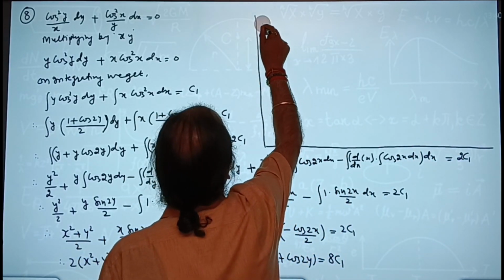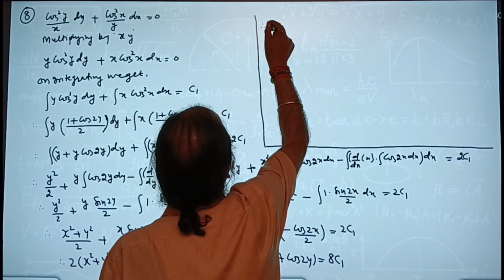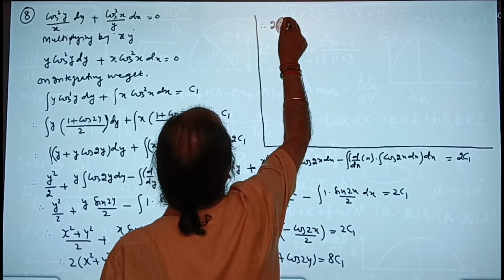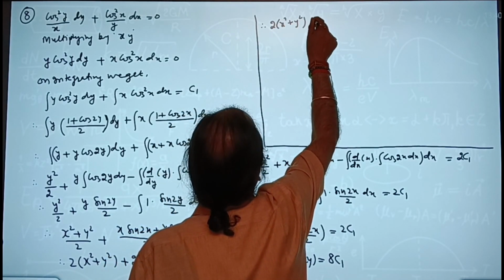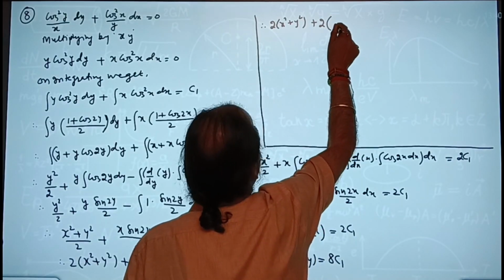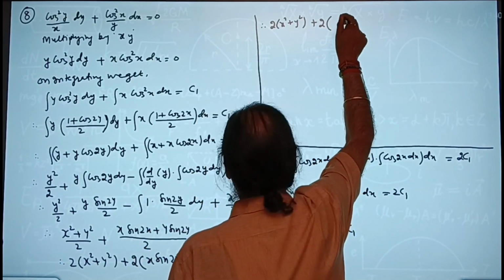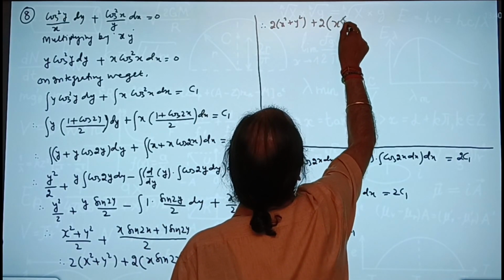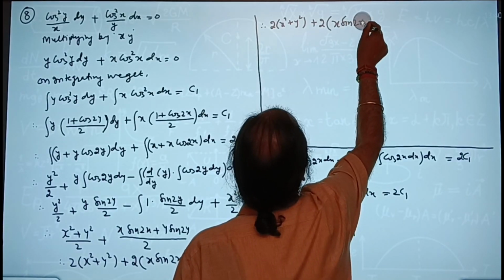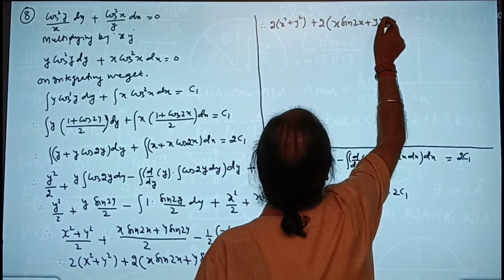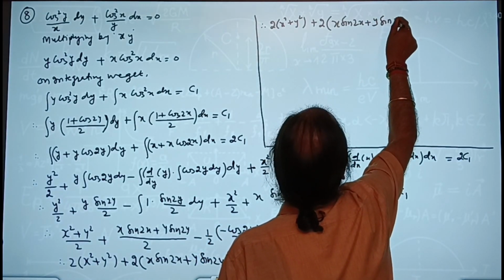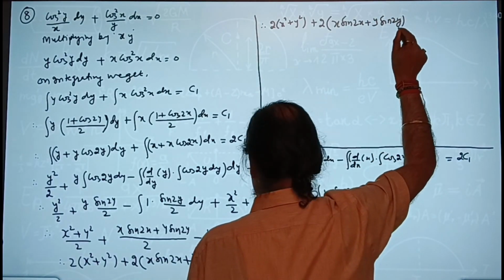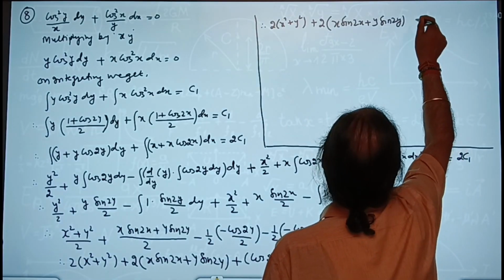Therefore 2 into x square plus y square plus 2 into x sin 2x plus y sin 2y plus cos 2x plus cos 2y equals c.